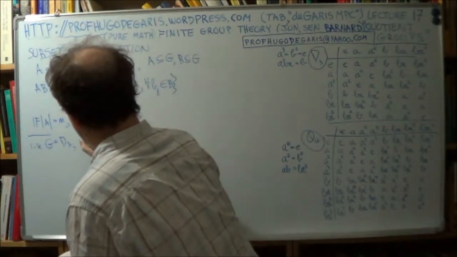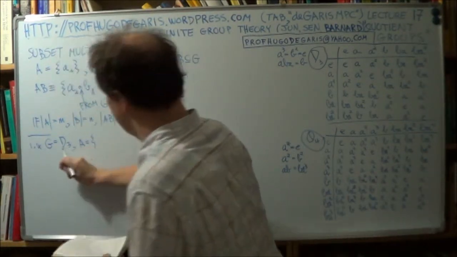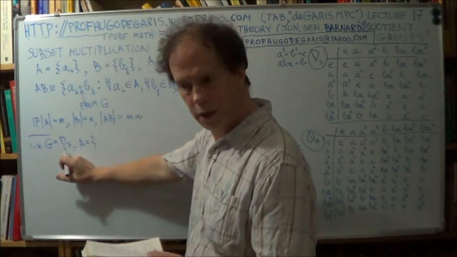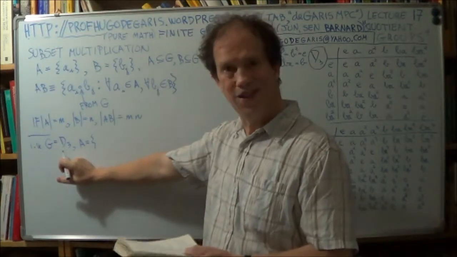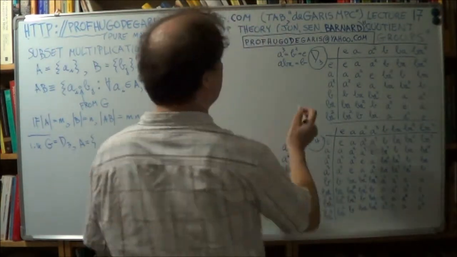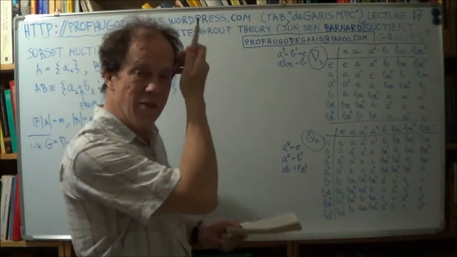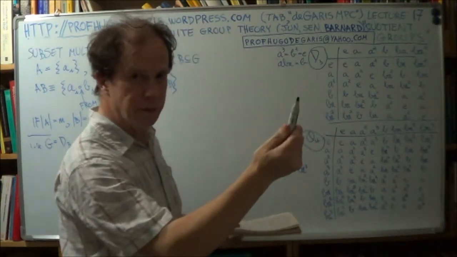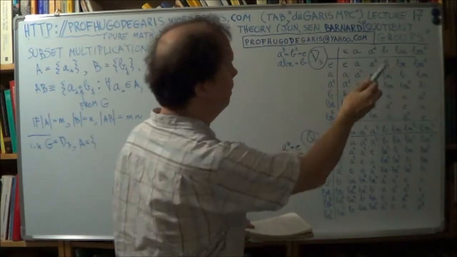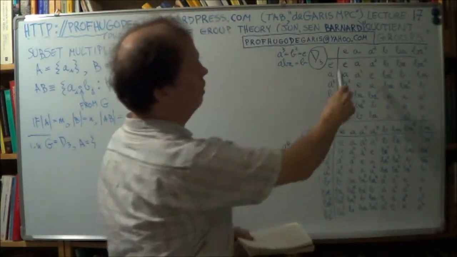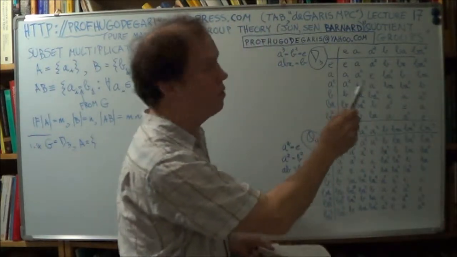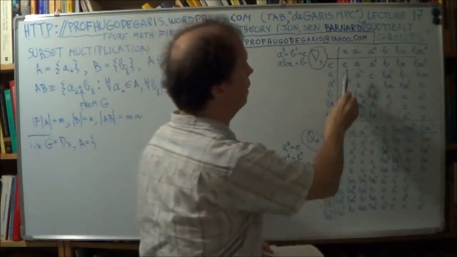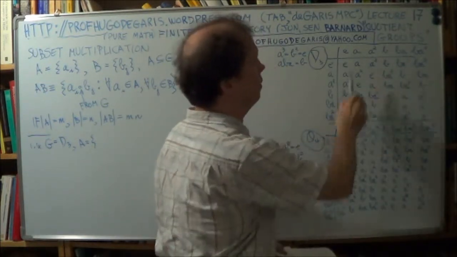So A is a subset of this group. Now remember, it's a dihedral group, so we'll have 2 generators, A and B. The presentation of the group D3 is the list of generators, which are just A and B. With those 2, you can generate all the members of the group, and it's a group, so it's closed, of course.